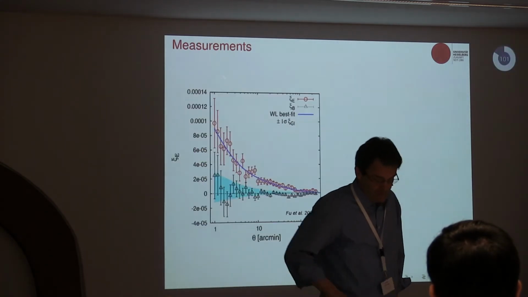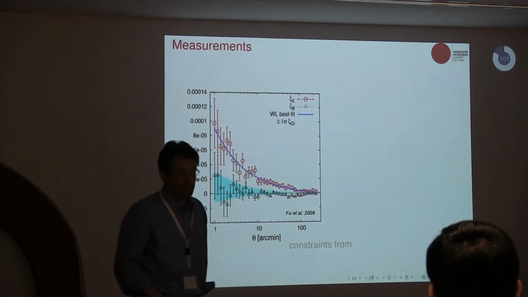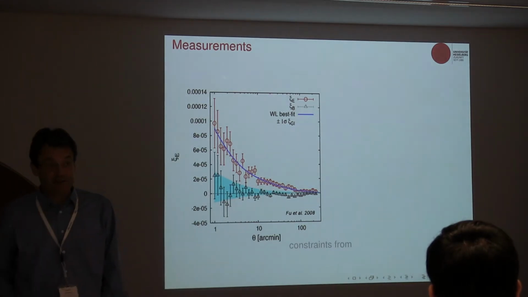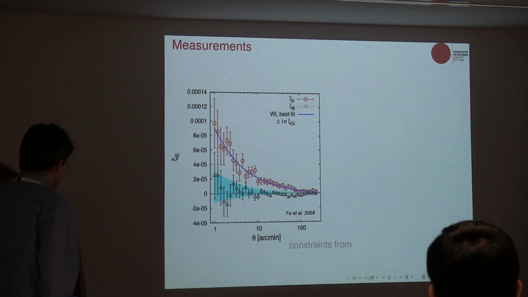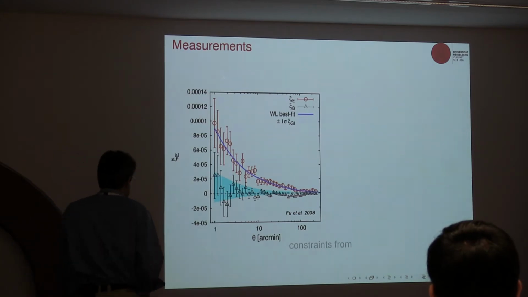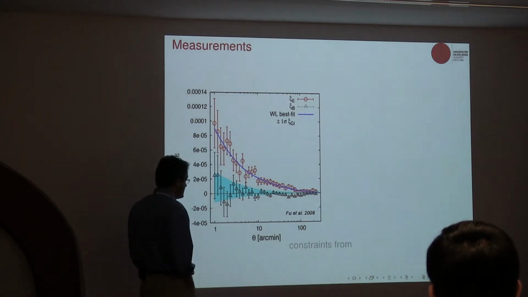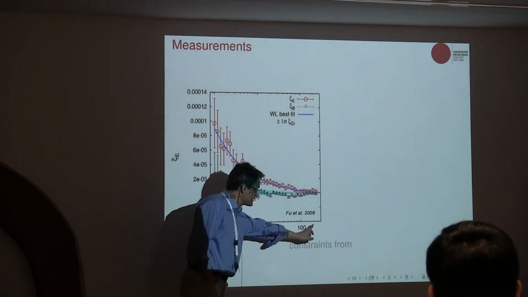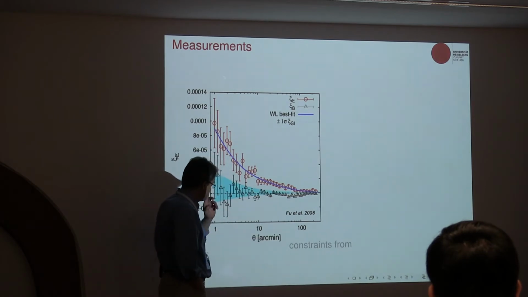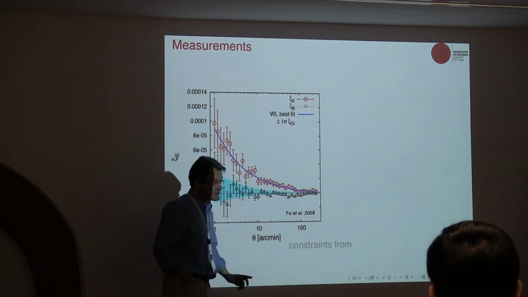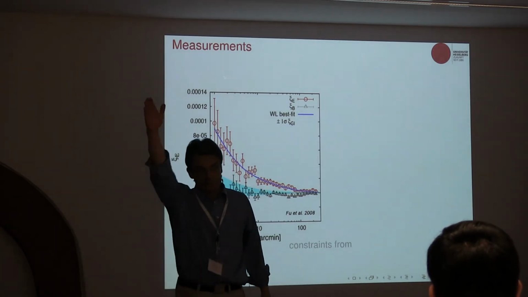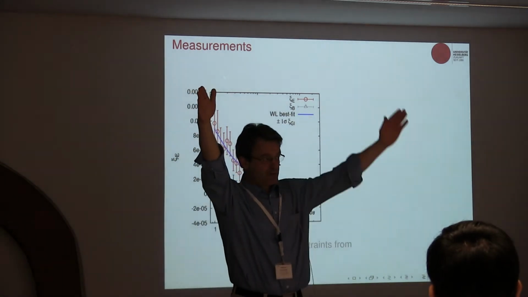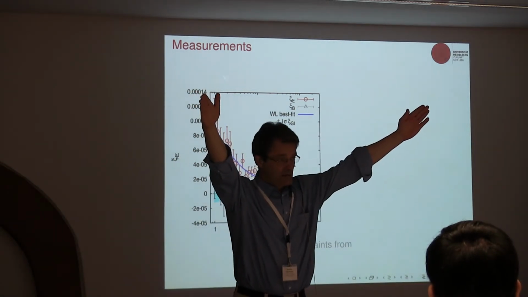All right, now here are some measurements. Some of them have been published earlier this week, on Monday. But this is an older one. And here you see two types of correlation functions, as a function of arc minutes, of the angular scale. So this means you correlate galaxies at this position with galaxies some arc minutes away.